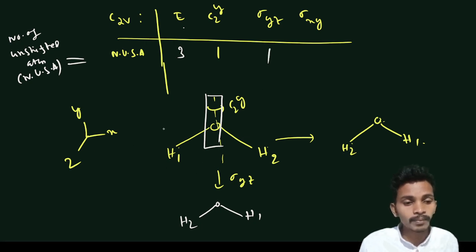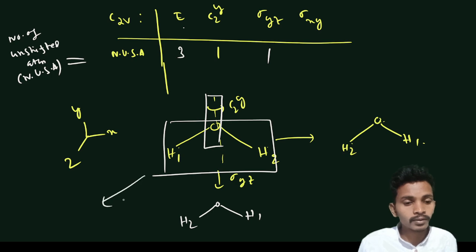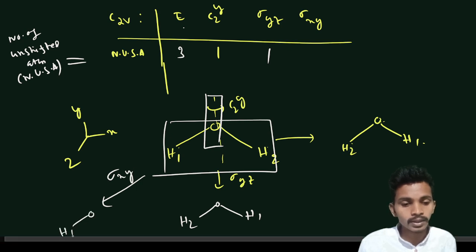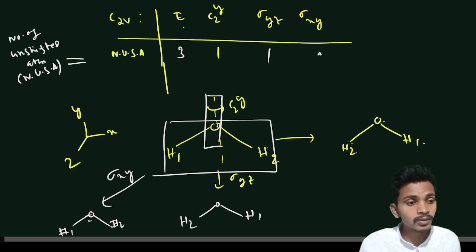Now if we apply sigma XY, nobody is getting changed, it just goes to the back. So the number of unshifted atoms is 3.